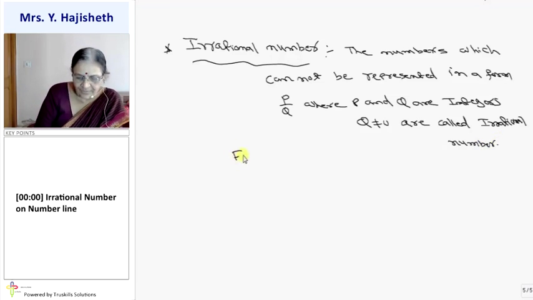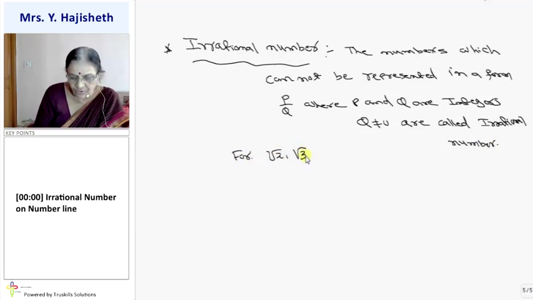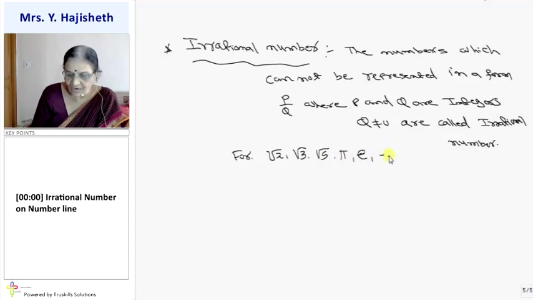For example, in class 8 also you have learned root 2, root 3, root 5, pi, e, right? All are the example of irrational numbers, because they are not rational.